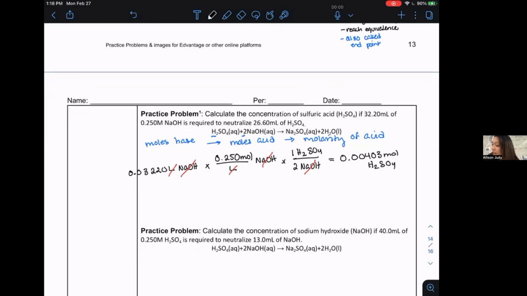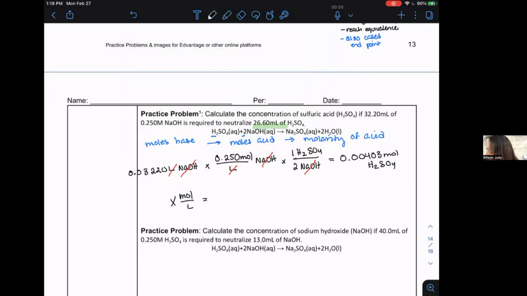Well, what do you need for molarity? Moles per liter. What do I have? Moles. What do I also have? Liters. So I'm going to say, okay, I got this. This is how much of my acid was neutralized, and I know how many moles were present in that amount of acid, so I can figure out its molarity.